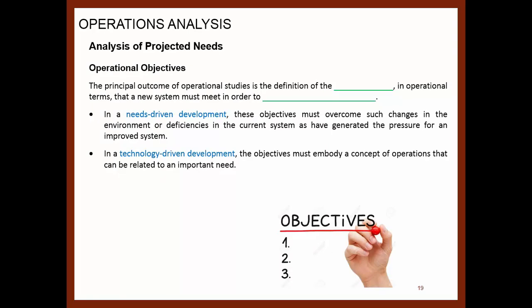Operational objectives in terms of analysis of projected needs. The principal outcome of operational studies is the definition of the objectives, in operational terms, that the new system must meet in order to justify its development. In a needs-driven development, these objectives must overcome such changes in the environment or deficiencies in the current system as have generated the pressure for an improved system.